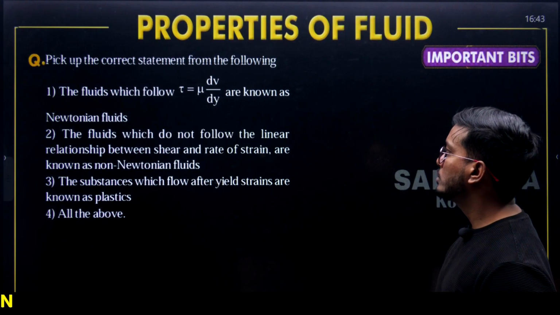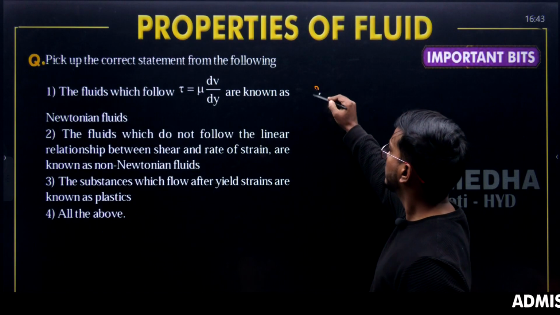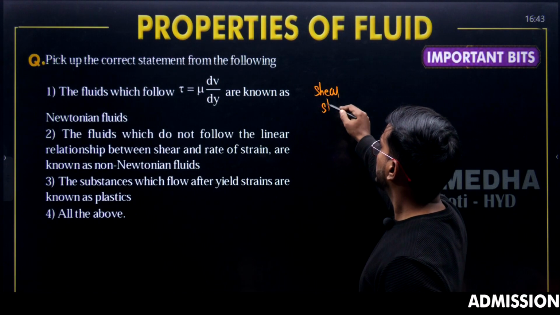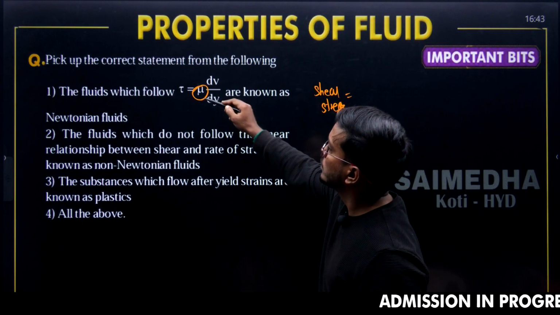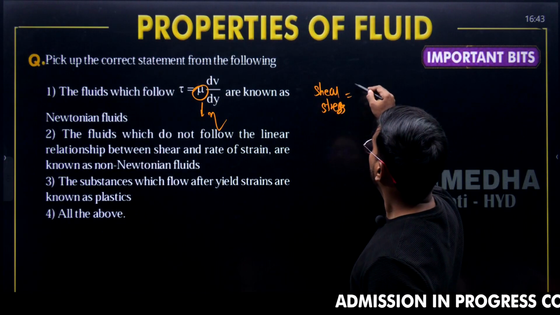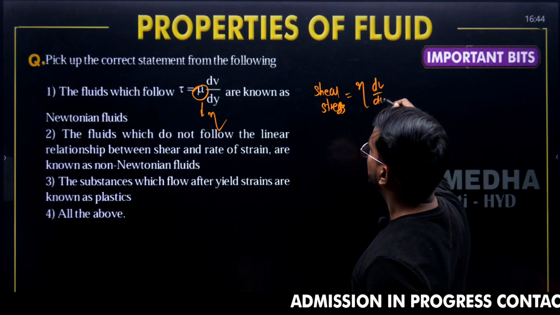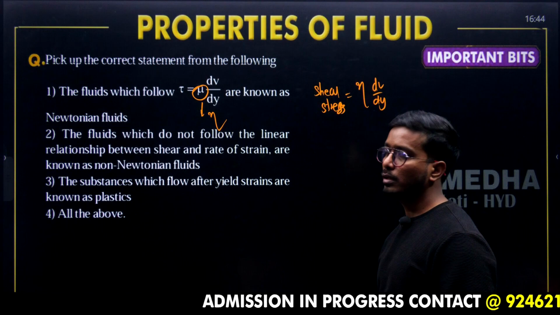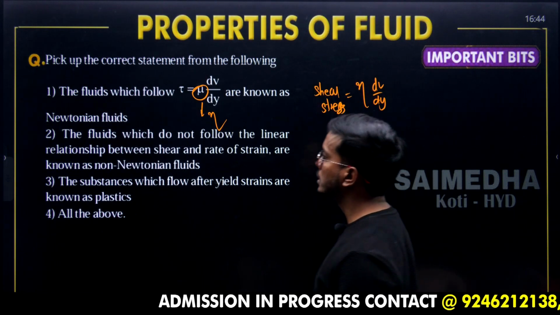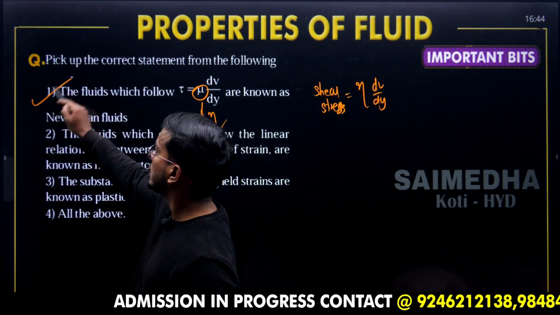The fluid which flows as shear stress is equal to mu, which is none other than dynamic viscosity, eta, times dV divided by dy, is known as Newtonian fluid. Yes, definitely when they are directly proportional to each other, then the fluids are called Newtonian fluid. So this one is absolutely correct.